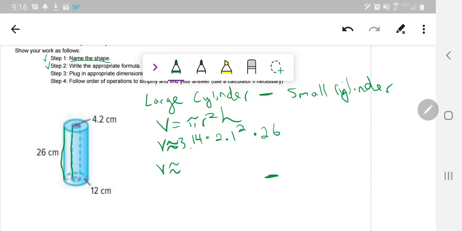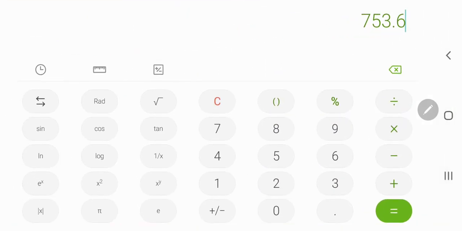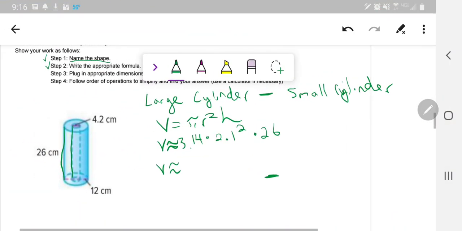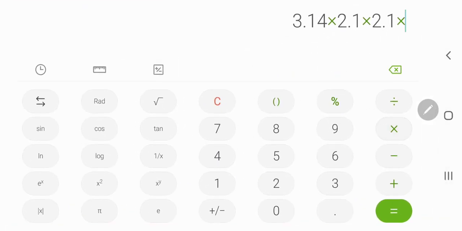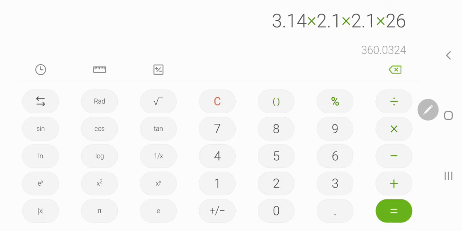Definitely going to use my calculator for this. 3.14 times 2.1 times 2.1 times 26. That gives me 360.324.